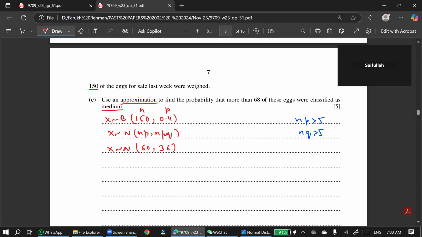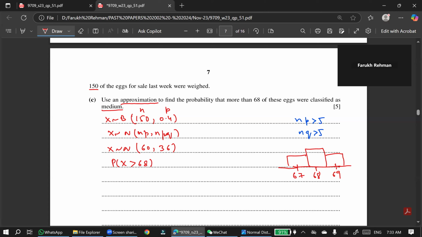No, sir. Now we want to find out the probability that more than 68, probability of x is greater than 68. First of all, I will apply the continuity correction. While converting the discrete variable into a continuous variable, we always apply the continuity correction.